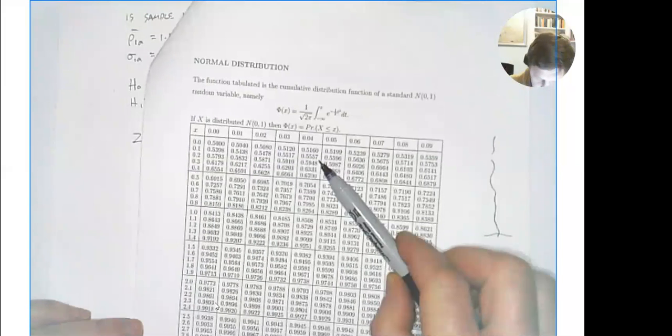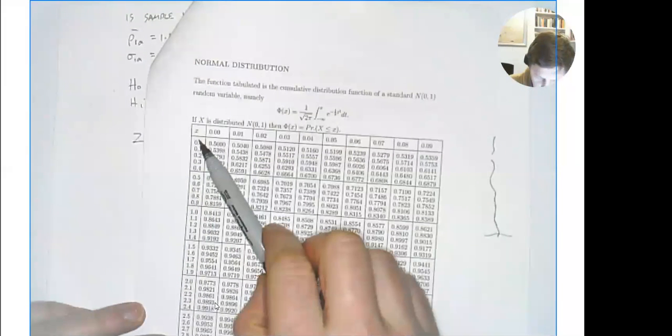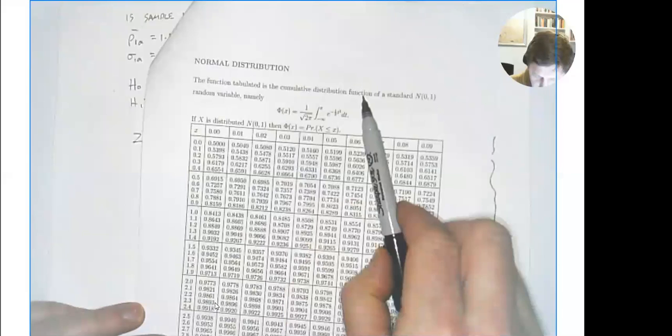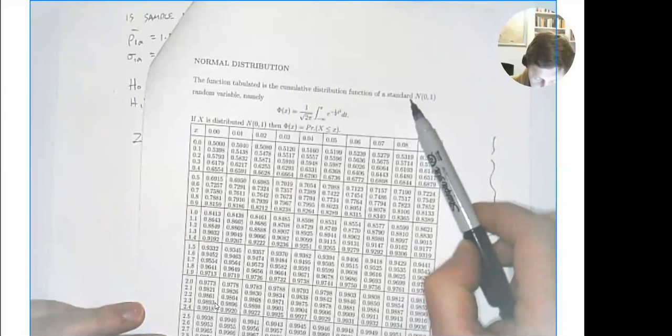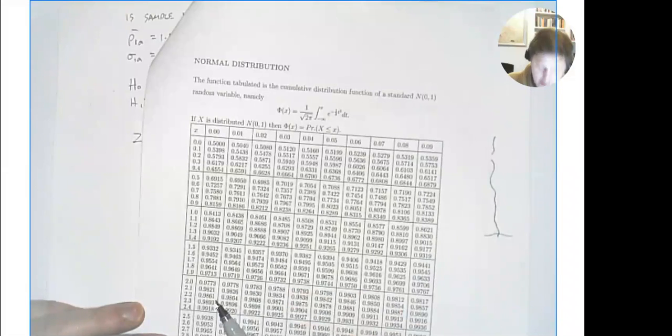So here's the normal distribution. This shows us what the cumulative distribution function is of a normal distribution with mean zero, standard deviation of 1. And we have a two-tailed test at 5% significance.